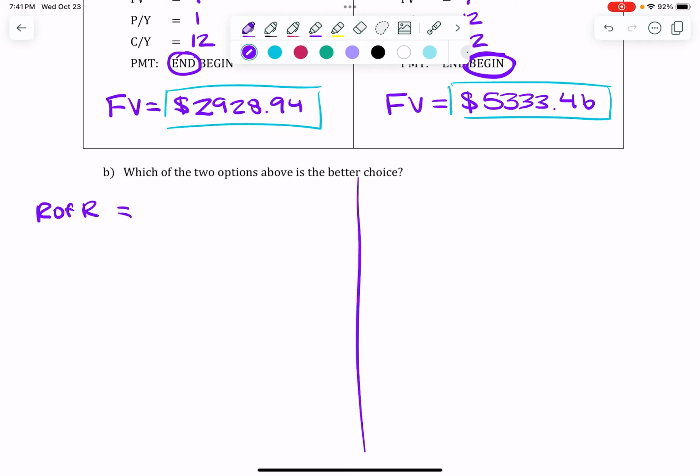So my rate of return is, I could use the formula current value of my portfolio minus previous, divided by previous, times 100%. Or I could think about this as my total amount of interest divided by my total amount invested. Both give me the same answer.